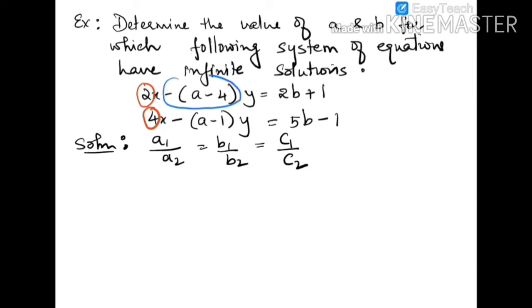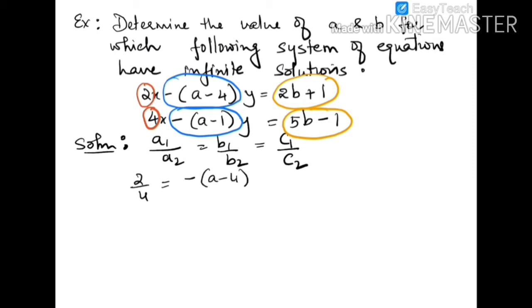The blue circles show the coefficient of y, which is b1 and b2, and these are the constants. So we have 2 upon 4 equal to (a minus 4) divided by (a minus 1) equal to (2b plus 1) divided by (5b minus 1).